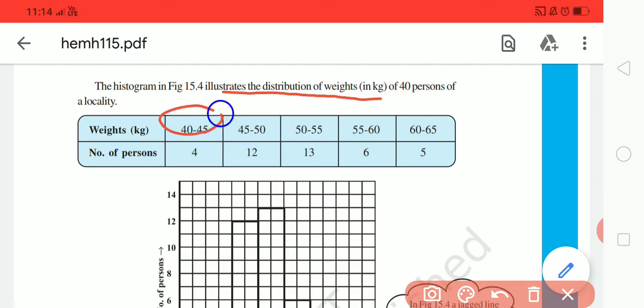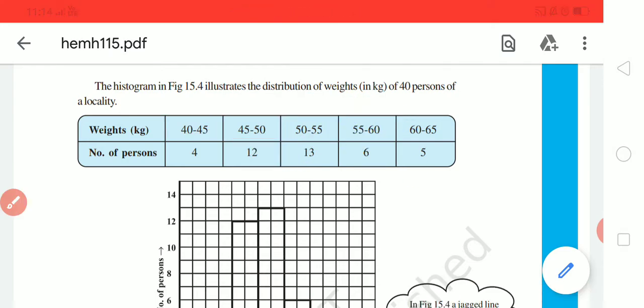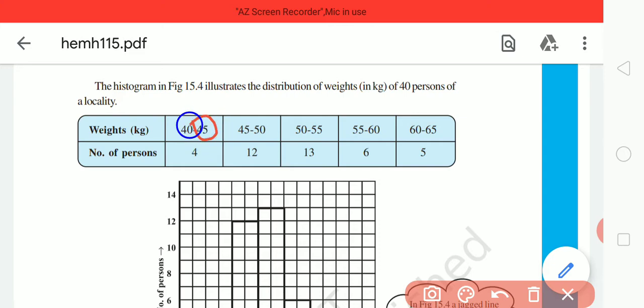Like 40 to 45 there are number of persons 4, 45 to 50 number of persons 12, 50 to 55 number of persons 13, and so on. And you can see this is the continuation, 45, 45. So you will count 45 here in the lower limit.